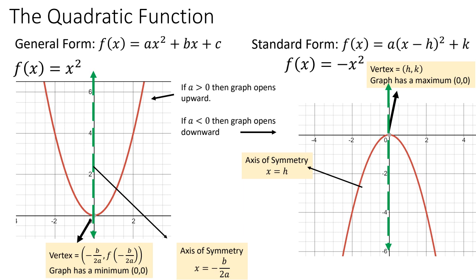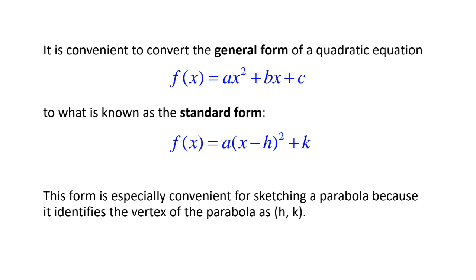Okay, so it's convenient to convert from the general form of a quadratic equation, ax squared plus bx plus c, into standard form, because in this form here, it was very easy to say what our vertex was and what our graph looks like.